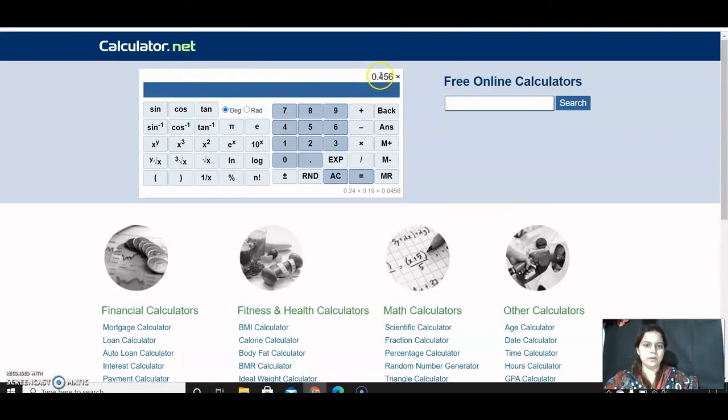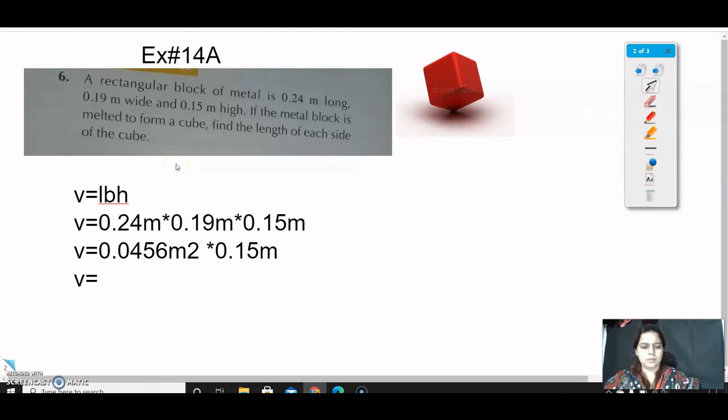So the answer is 0.00684. 0.00684 cubic meter. This one is the volume of the rectangular block.